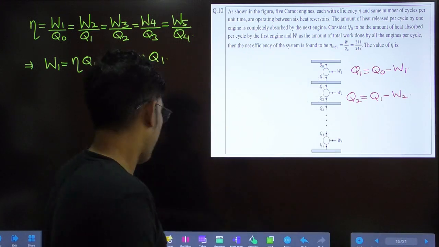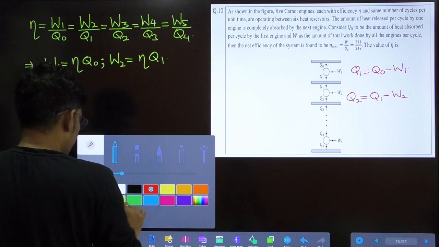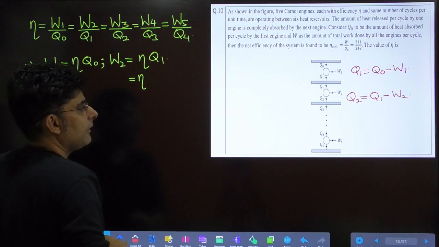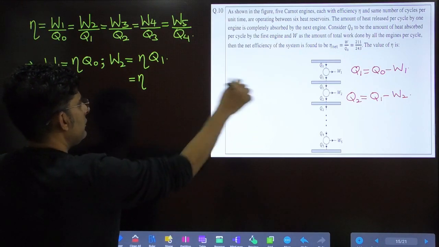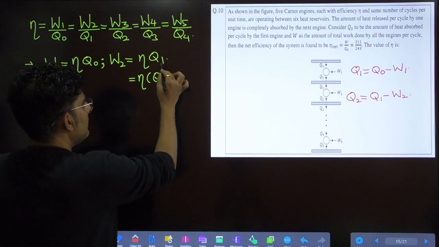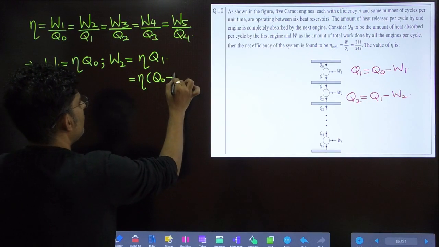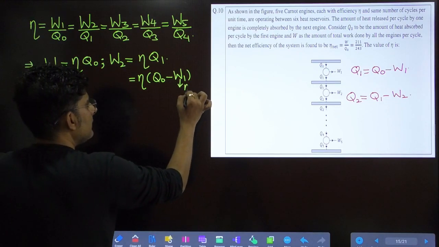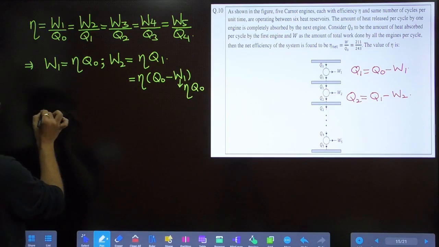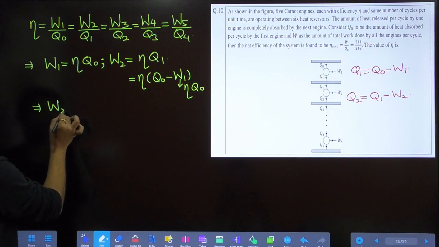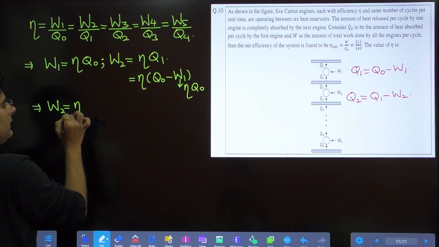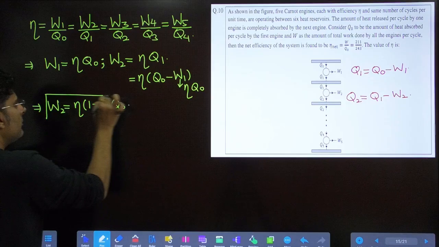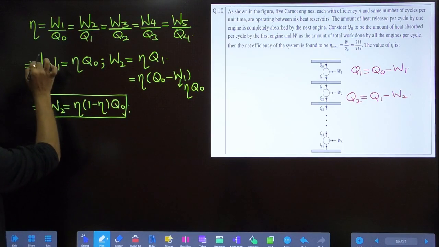In this way we can proceed. So if I write eta Q1, Q1 is Q0 minus W1, and W1 is eta Q0. When I substitute, W2 can be taken as eta into 1 minus eta Q0. So I got W2 also in terms of Q0, and W1 also in terms of Q0.